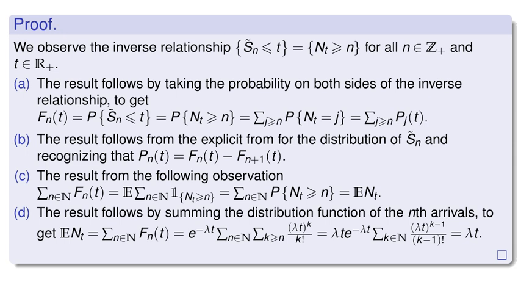For example, the sum over n in N of 1 minus e to the power minus lambda t times the sum over k equals 0 to n minus 1 of (lambda t) to the power k over k factorial simplifies to lambda t.